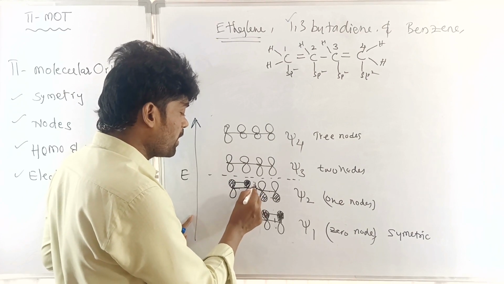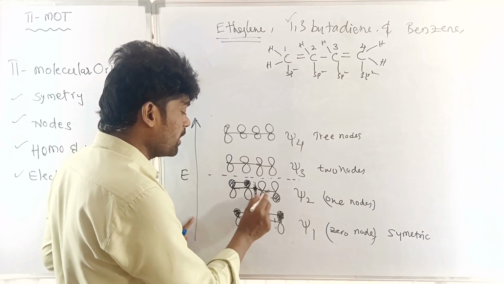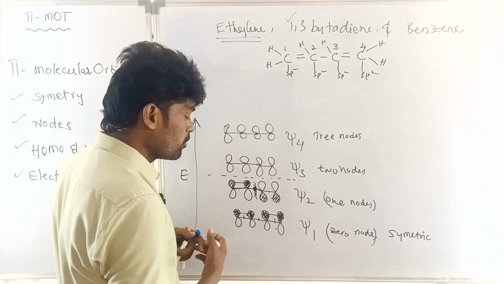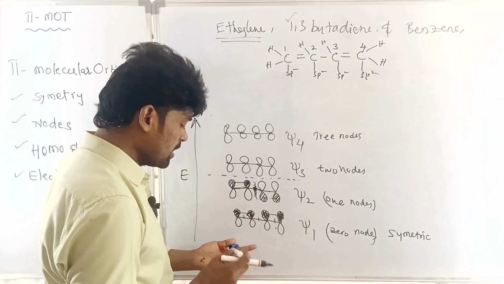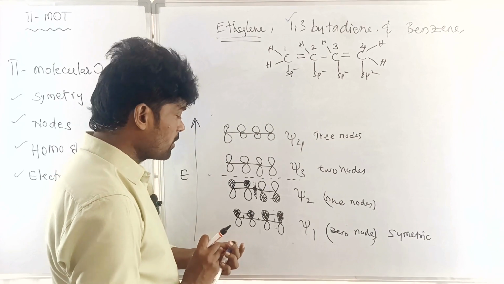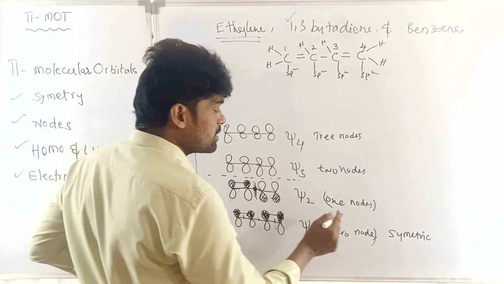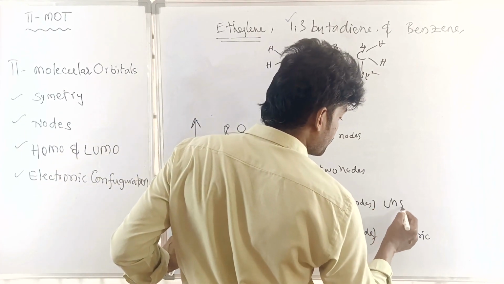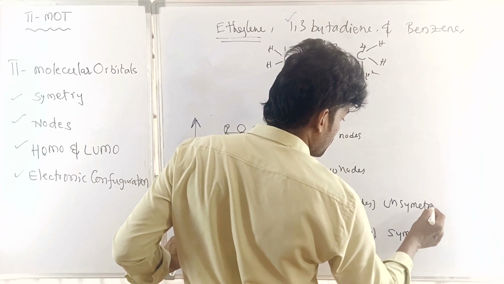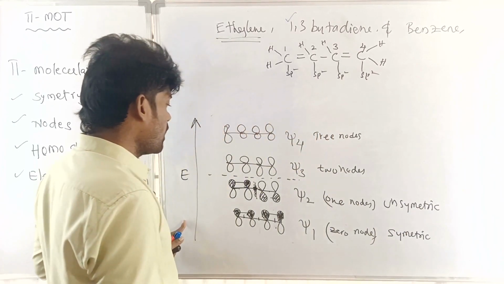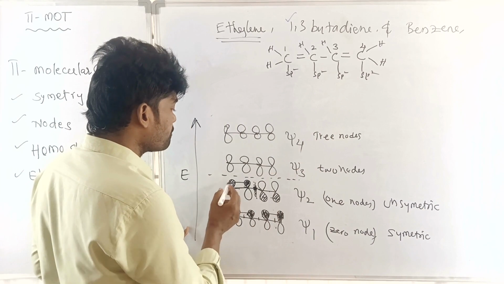Based on the center point only we can separate. With that we can tell whether the molecule is symmetric or unsymmetric. But coming to psi 2, it is unsymmetric in nature.